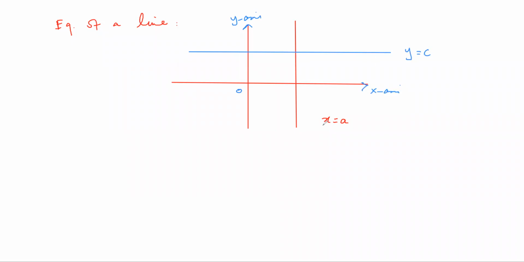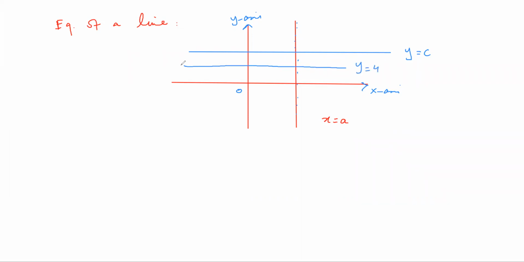Now, please remember the equation of a line always tells about the coordinates of the points on that line, okay? When there is a vertical line like X equal to A or X equal to 5 or X equal to 4, that would mean you take any point on this line, the X coordinate is fixed, that is A. Similarly, if it's a horizontal line, the Y coordinate is going to be fixed, that is going to be C. For example, you have a line here which is Y equal to 4.